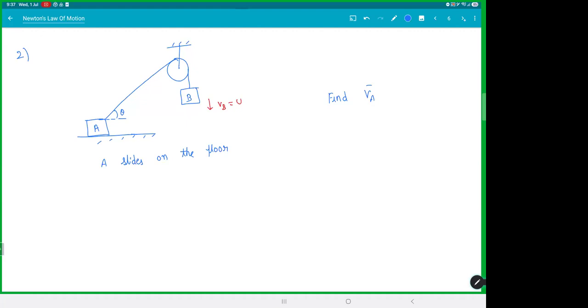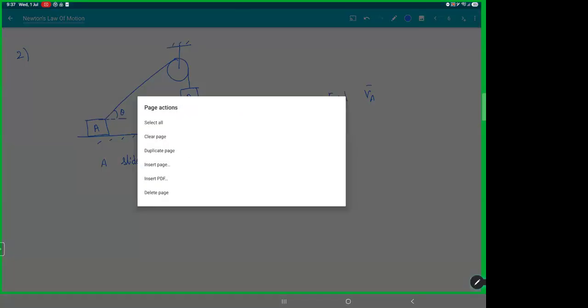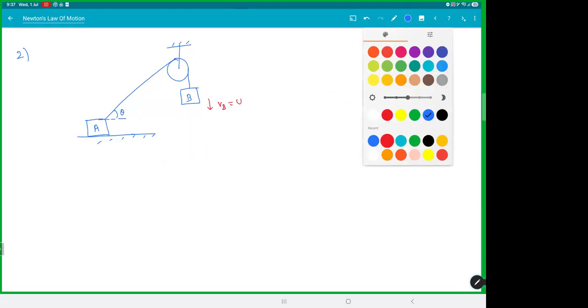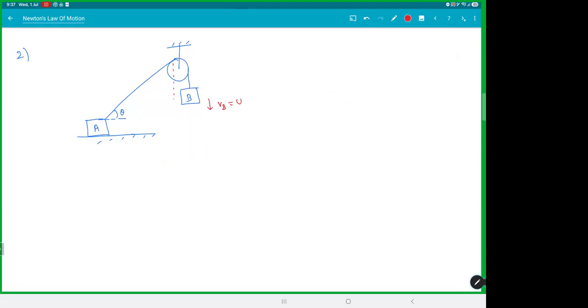How do we do this with this length and all? The story is still the same. The length of the string is constant. So keep that in mind. Let this be X. Let this height be H. And let this length be Y. And this length here will be root over H square plus X square.